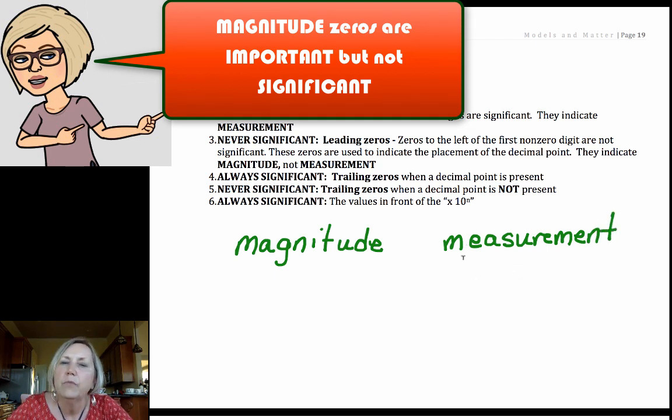We want to be able to determine the difference between these. If a number is about measurement, we're talking about significant figures.